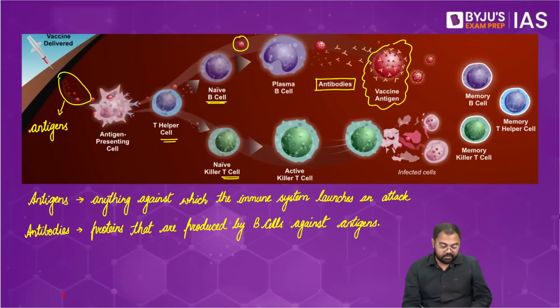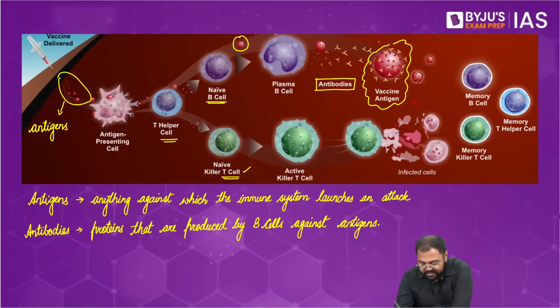Now comes the role of the killer T cells. Now these killer T cells are like assassins. All right, these are like assassins, and they would simply be looking for the mark, and their mark would be any antigen that has been surrounded completely by antibodies. And they have one simple role, that anything that they see surrounded by antibodies, they simply have to go and destroy it. And this is precisely what they do.